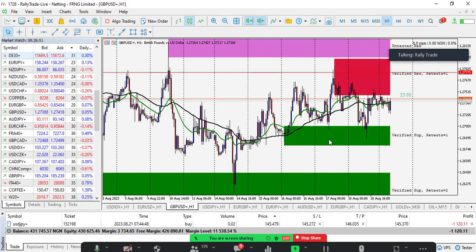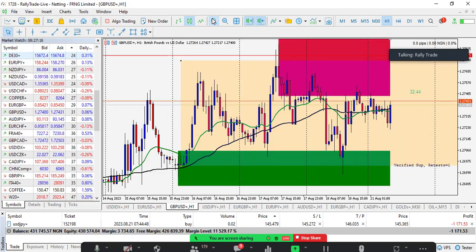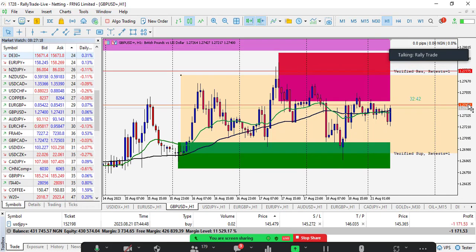If the market is rejecting a level, it means there are huge buy orders waiting here. Of course, if you look up, there is also a verified resistance. So this market is actually trading inside a range. The market has turned into a range bound market. In a range bound market, the wise thing to do is to trade only at the tops or at the bottom of the range.